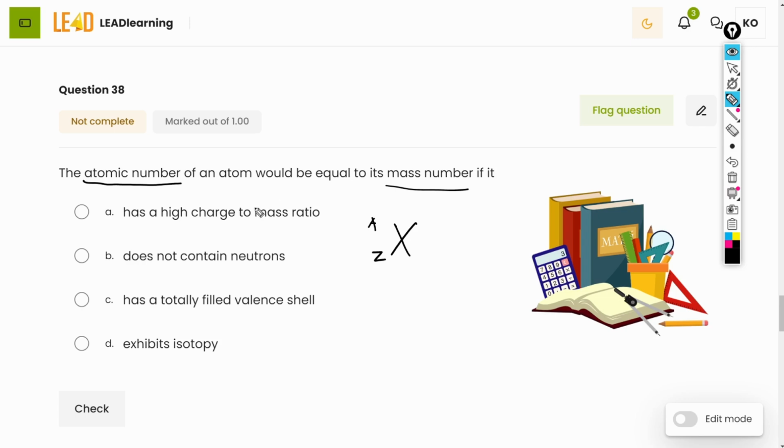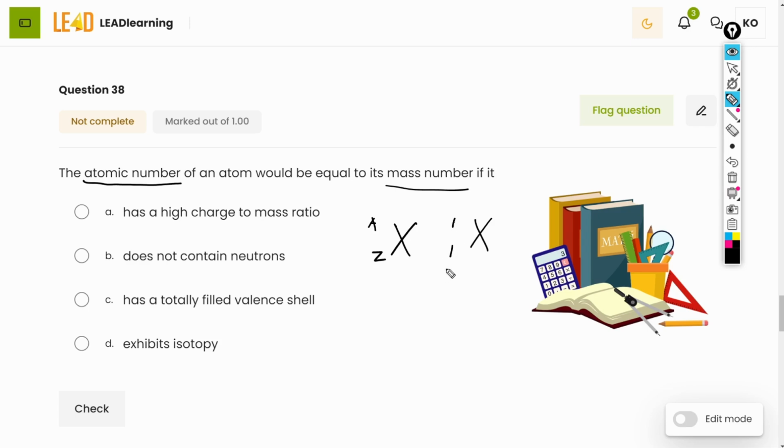So they are asking us, under what condition would the atomic number of an atom be equal to the mass number? Option A: has a high charge to mass ratio, does not contain neutrons, has a totally filled valence shell, exhibits isotopy. Now let's look at the situation where we have 1 and 1 for an element called X, atomic mass and proton number.